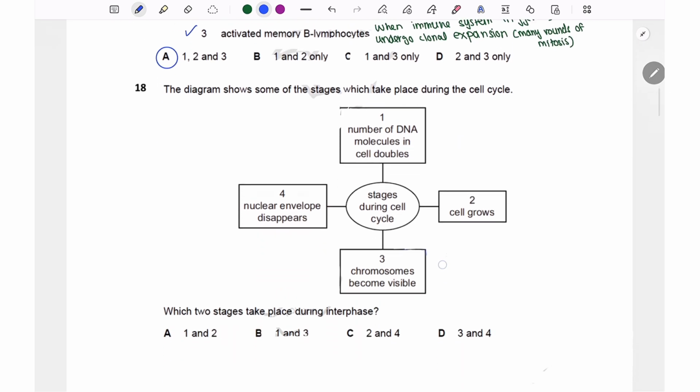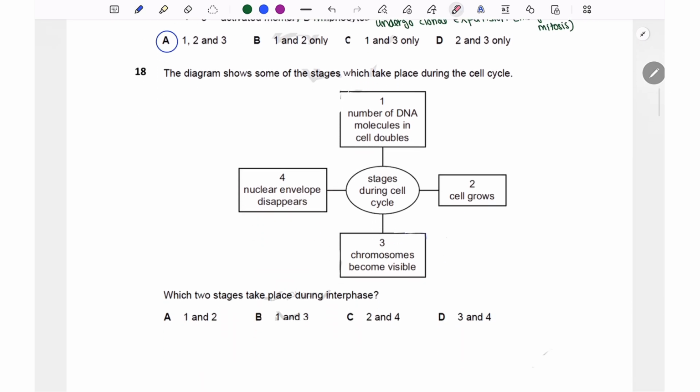Next, they've given us a diagram that shows some of the stages that take place during the cell cycle. What are they asking? Which 2 stages take place during interphase? We know interphase is G1, S phase and G2. The number of DNA molecules in the cell doubles. This is DNA replication.